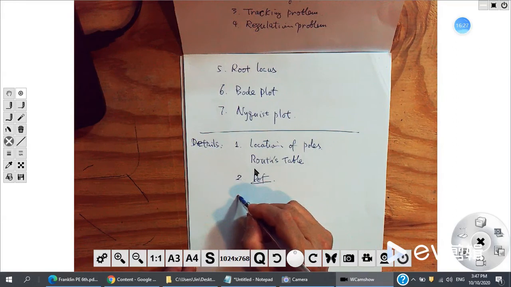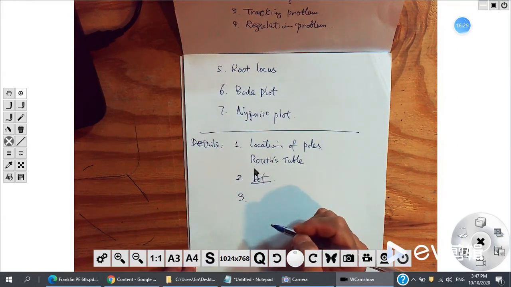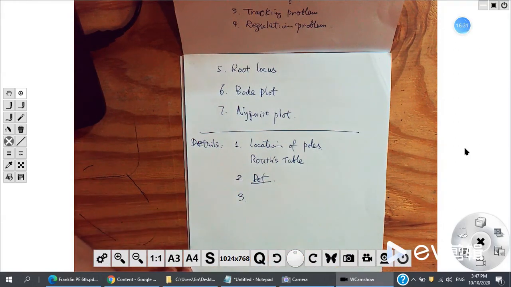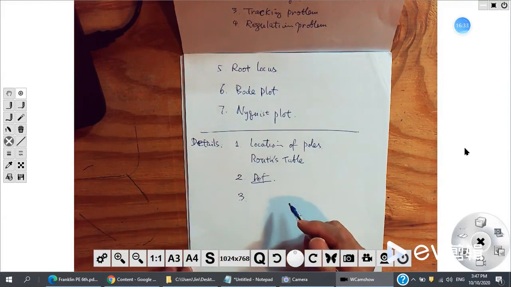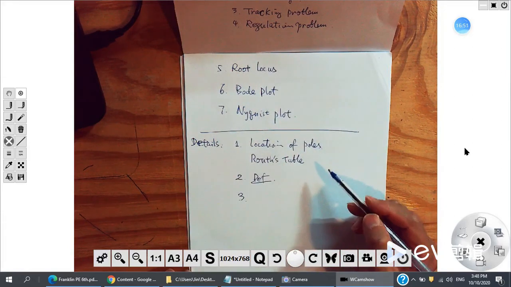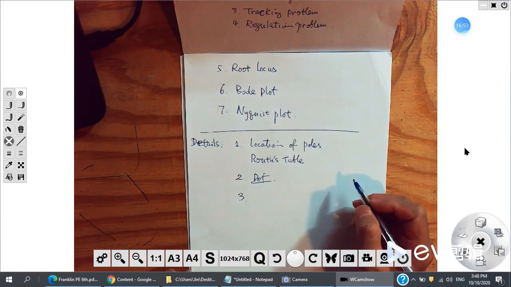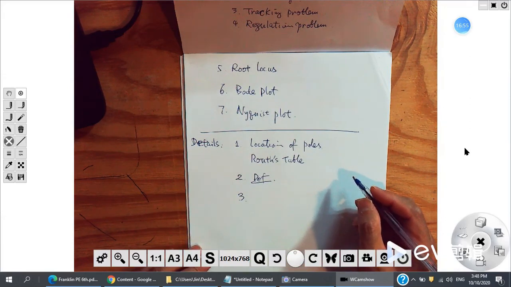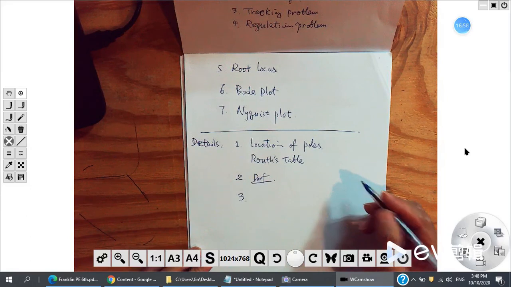Yeah. Third one, the tracking problem. For the tracking problem, as well as the regulation problem, I gave you something in the class, and that is not the same as the material in the textbook. So in the class, I gave you the tracking problem and the regulation problem in general. So what is a tracking problem? We have a type for the tracking problem, right?